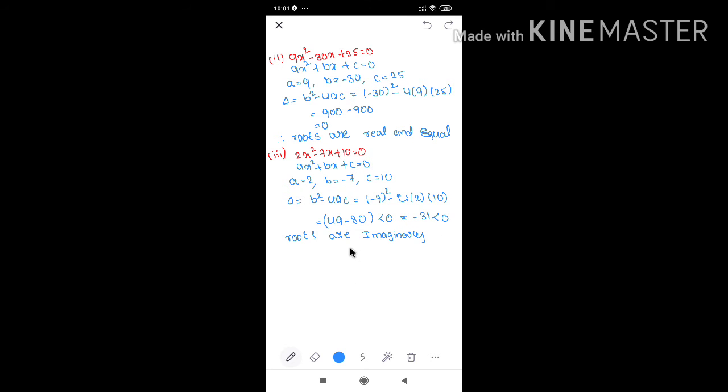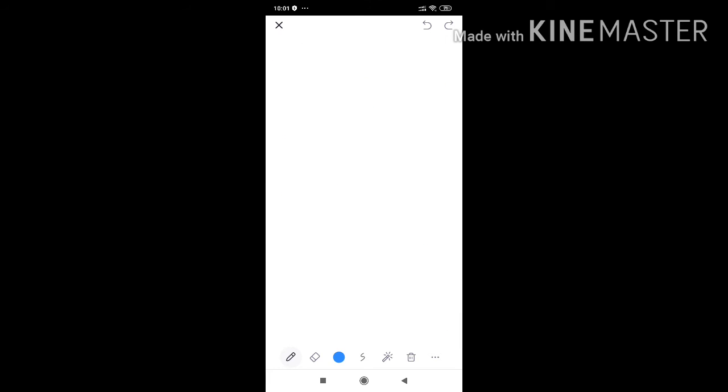Therefore, roots are imaginary. Next model. Next question. So we did one greater than 0, one equal to 0, one less than 0. That's it, those are the only 3 conditions. Now we are going to the next question model.